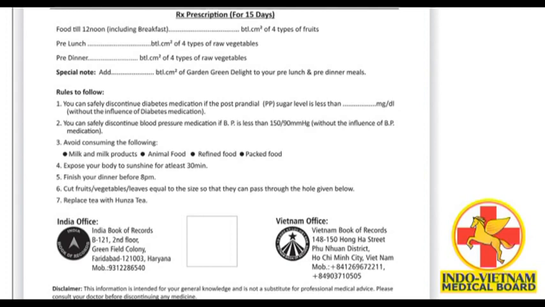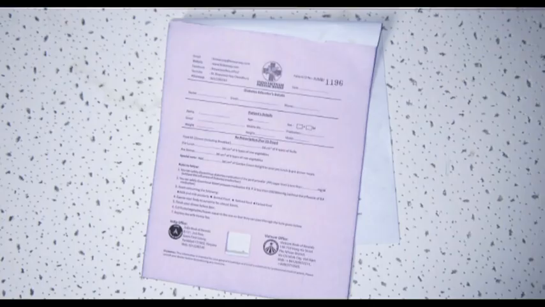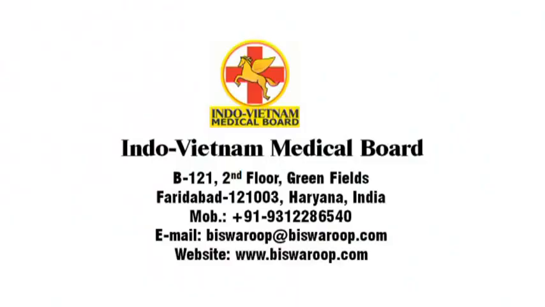So now finally you will tear this sheet and give the white prescription to the patient, and whatever you have written for him, a part is in the pink sheet which is left with you. This pink sheet you have to send to me, to the head office of Indo-Vietnam Medical Board, and this will be in our database, so that if the patient needs any advanced suggestion or consultancy, they can contact us.